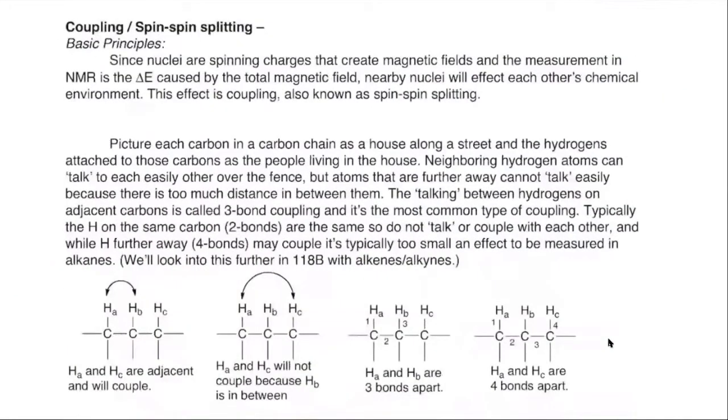The next topic would be coupling, spin-spin splitting, okay? Previously, all of the peaks that we chose were meant to be peaks that won't be affected by other peaks, which means by your neighbor. But keep in mind, everything in NMR is all about magnets, which means as long as there are electrons around you, it's going to make a difference.